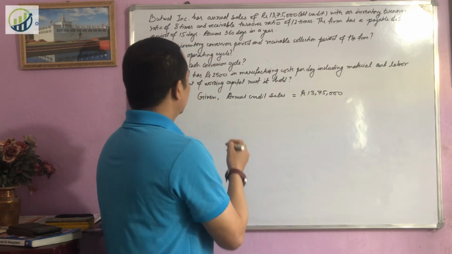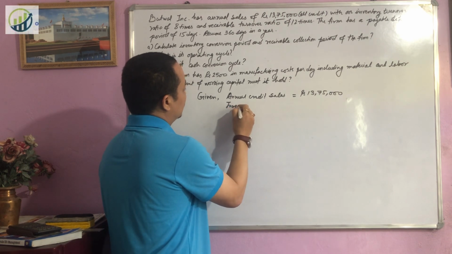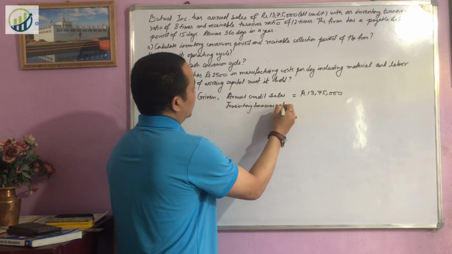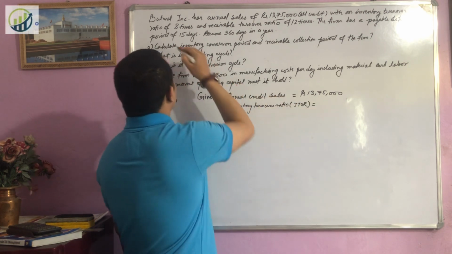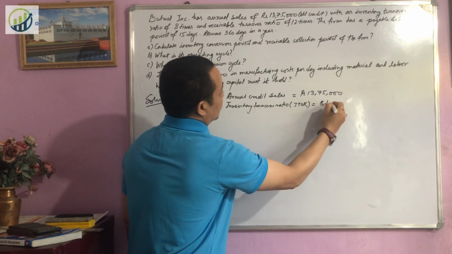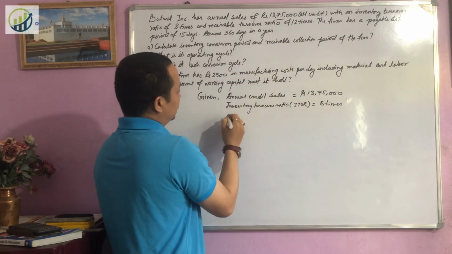Inventory turnover ratio, it's given here, 8 times. Then receivable turnover ratio, 12 times.